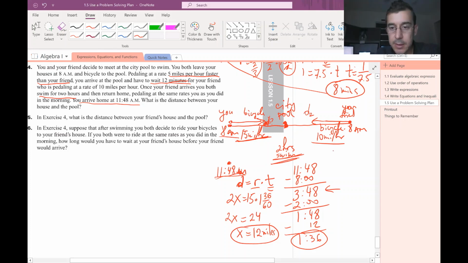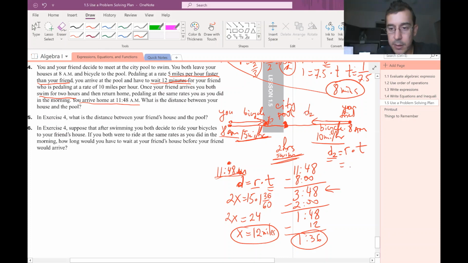So let's see. So D2 equals the rate, which is 10 times the t, times t, right? We have to find D.